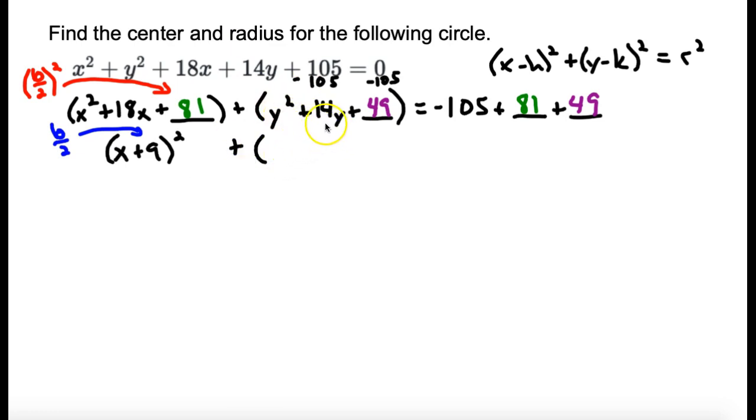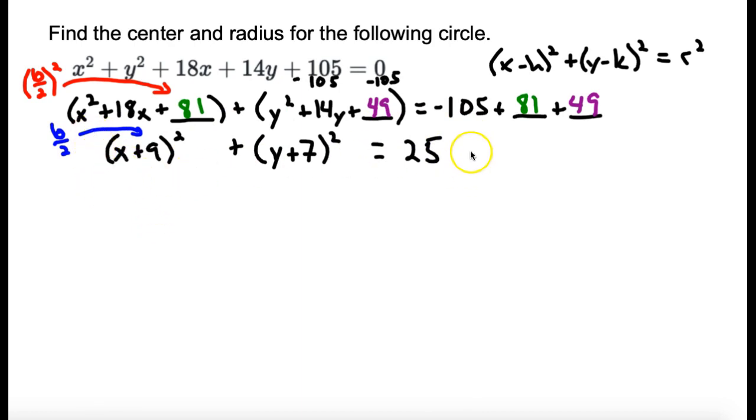If I just take half of my b term, I'm going to have y plus 7 squared. Right? And then equals, so negative 105 plus 81 plus 49 is 25. So this is my equation of the circle.